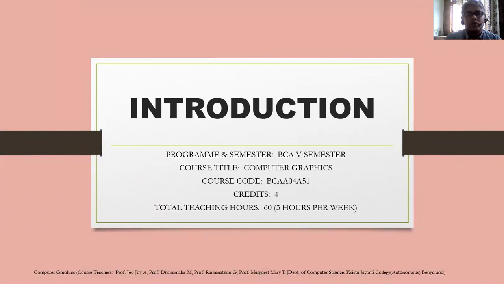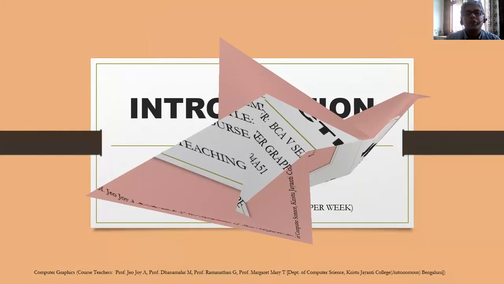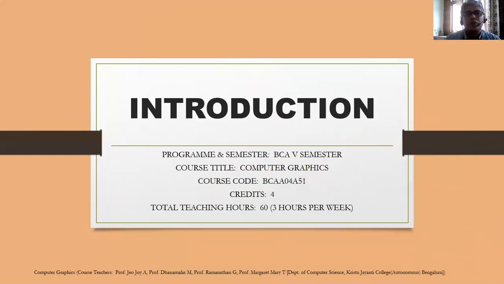This course has 4 credits with total teaching hours of 60 hours during the semester, wherein there are 3 hours of lecture hours every week, and I am accompanied by my fellow colleagues, Professor Dhanamalar, Professor Ramanathan G, and Professor Margaret Mary, for assisting you through this course during the 5th semester of BCA program.